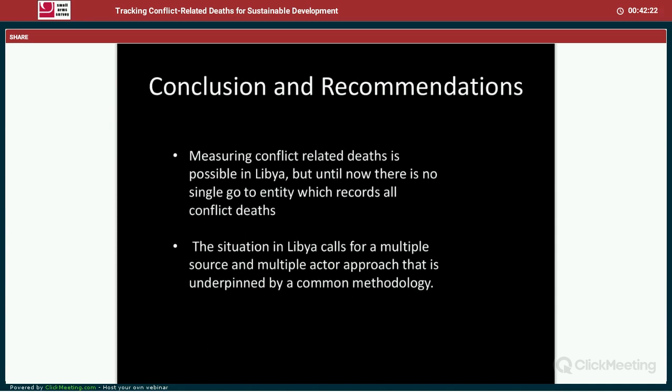And very final words, I'm associated with Every Casualty Worldwide, and last year we published the standards on casualty recording, and I think that should be a key standardization document for the OHCHR and for Libya and for other situations as well. Thank you very much.